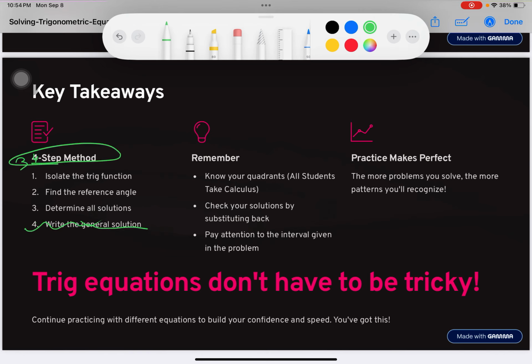Honestly, don't worry about the fourth part, but remember to do the cast rule. Check your solution by substituting back so you can verify your answer. Pay attention to the intervals with restrictions carefully, and practice makes perfect. Do more practice and you'll get through it.